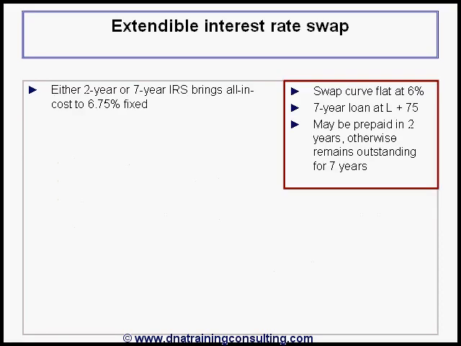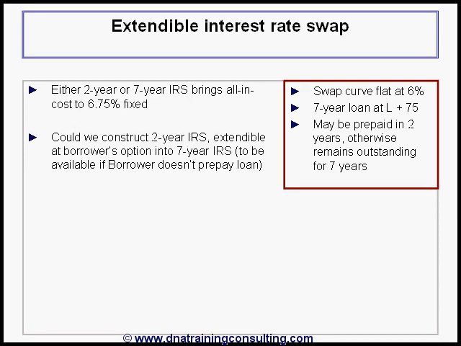Either the 2-year or the 7-year IRS would bring his all-in cost, of course, to 6.75% fixed for as long as the swap remained in place. But might we be able to construct a 2-year IRS extendable at the borrower's option into a 7-year IRS in case he does not end up prepaying the loan?